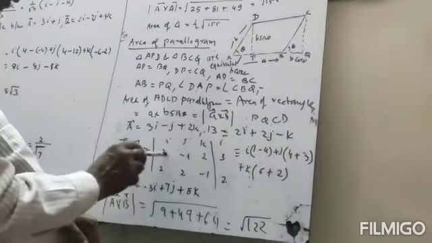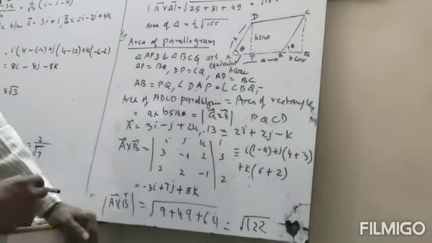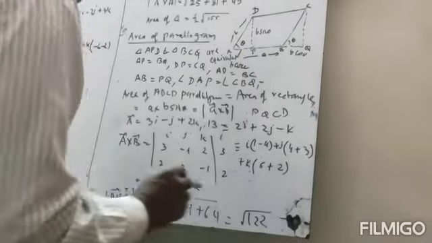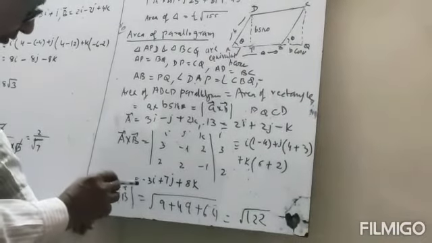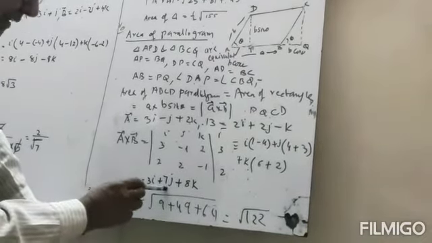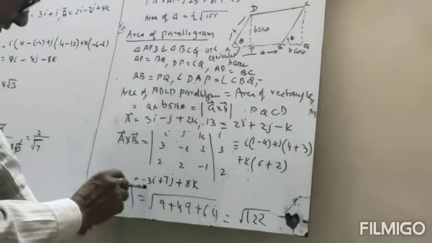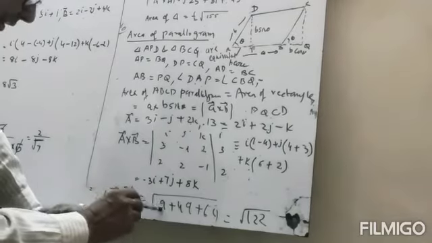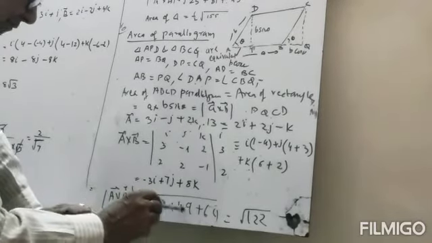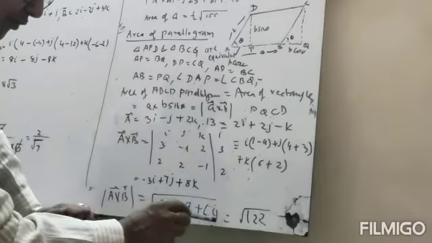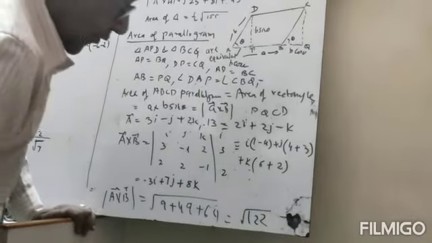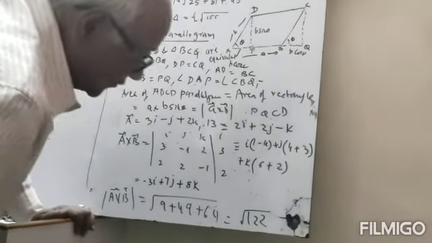And k is 6 plus 2, 8. So this will be equal to 3i plus 7j plus 8k. So the magnitude is the square root of 3 square 9, 7 square 49 and 8 square 64. So this will be equal to 122.